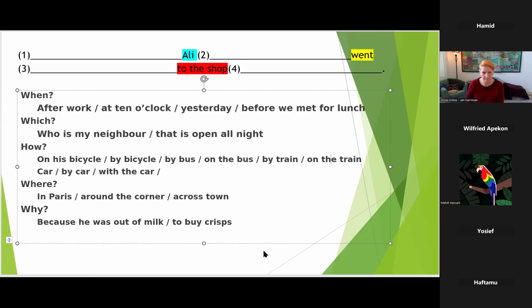Okay. Excellent. Really good. Okay. So obviously these are simpler. So really well done, both of you. Good job.